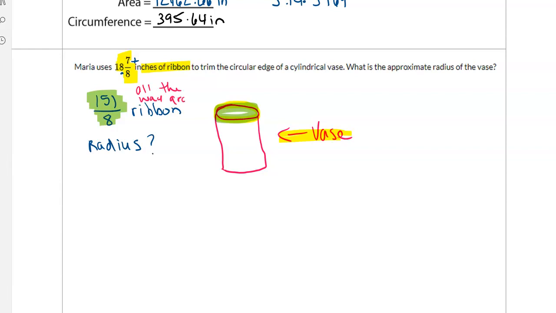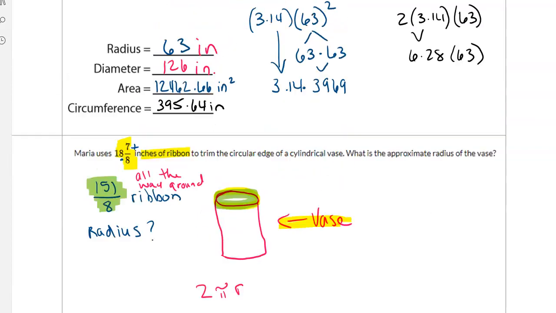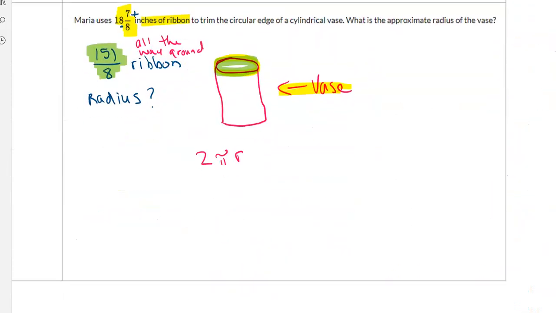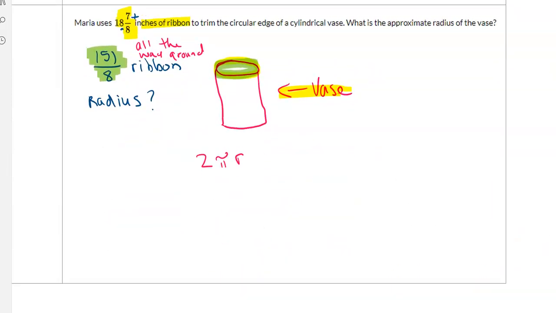In case you need that little bit of a reminder, we can write it there. So we know that 2 pi r is the formula for circumference. And they want to know what r is. And they gave us the final answer of 151 over 8.